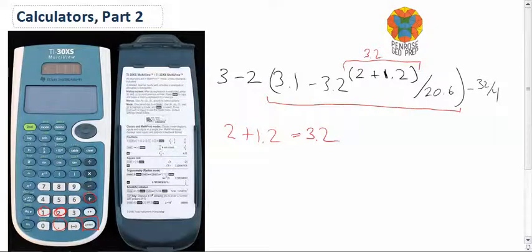Okay, so we know that this is 3.2. So what's next in our order of operations? Well, now we need to do exponentiation next. So we need to take 3.2 and raise it to this power. In order to do that, I'm going to type 3.2, and that's corresponding to this.